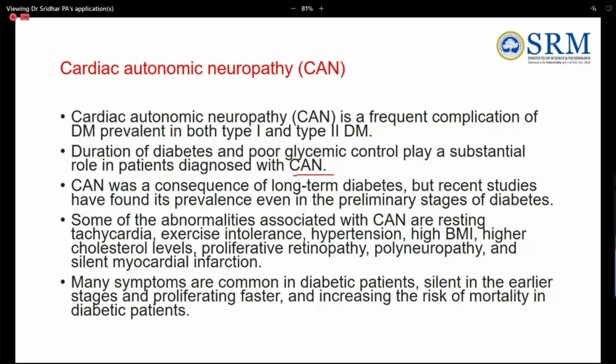They looked into the duration of the diabetes, and also the glycemic control.